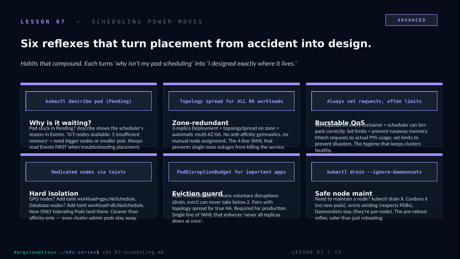Always set requests so the scheduler can bin pack honestly, and add limits to contain the blast radius. Use taints for hard isolation on GPU or database nodes, attach a pod disruption budget to anything that matters, and drain with ignore-daemonsets before you ever reboot. 6 habits. Each one turns placement from accident into design.